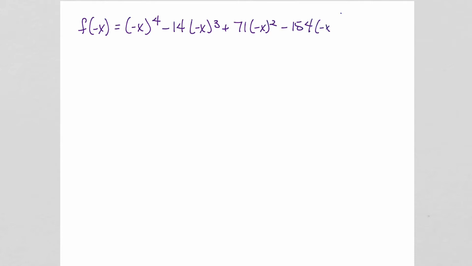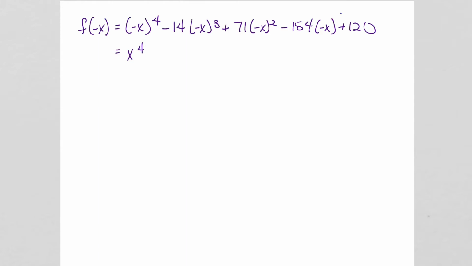To find the negative real zeros, we plug in f of negative x. So everywhere where there is an x, we plug in negative x. Negative x to the 4th is positive x to the 4th.